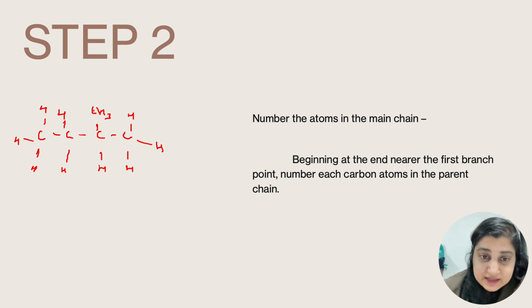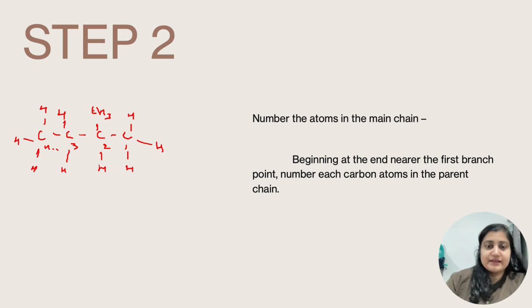But if we see from here, 1 2 3 4, then it is getting the number 2. So that is the reason the numbering won't start from left to right, it will start from right to left. 1 2 3 4.